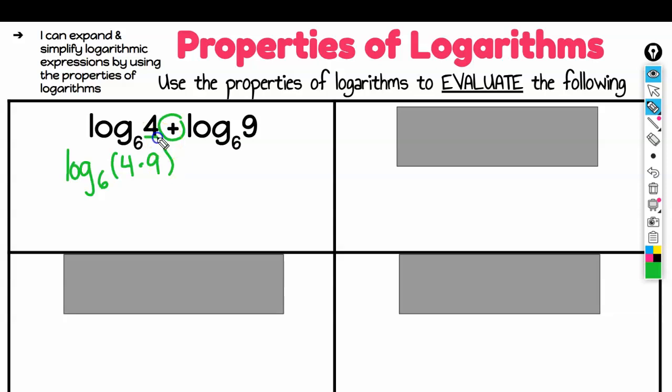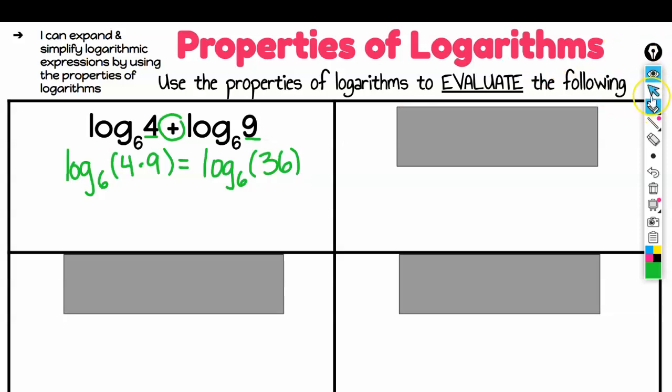So I'm taking the 4 and the 9 and multiplying them together in the new argument of my combined log. Remember, argument is just the word we use for the stuff that's at the end of the log inside the parentheses of the log. If I use my calculator, I get that 4 times 9 is 36.